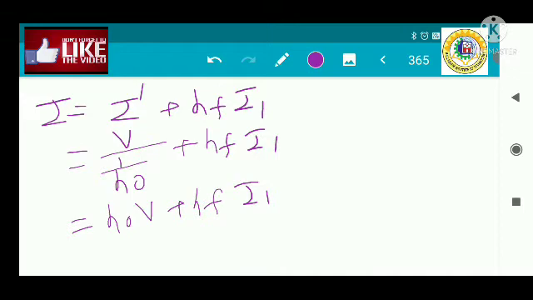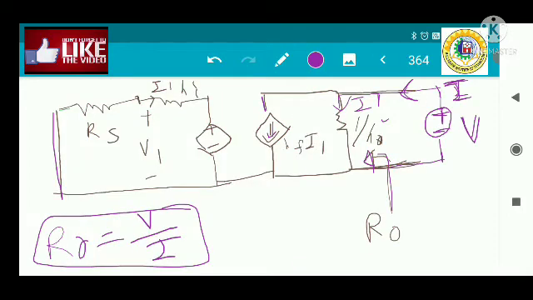Okay, so next we want to go to the input loop and try to find out the value of I, or whatever may be, we want to replace. We want to calculate V divided by I. So first we will calculate the I1 in terms of the voltage. Okay, so go to the input loop.